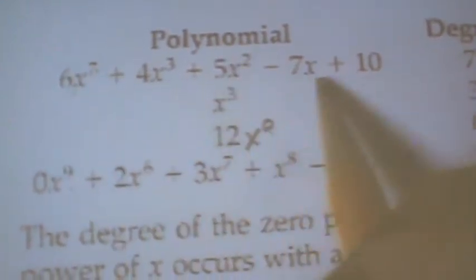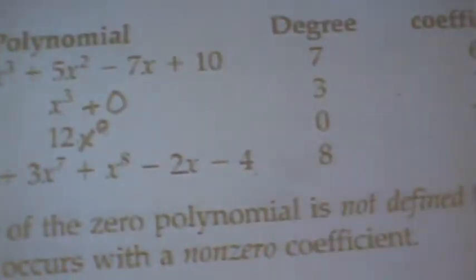That's the number in front of the term with the highest power, which gives you your degree. So if I asked you what's the leading coefficient, it's 6, 1. In this one, it's going to be 12, and then 1. The constant term is the term that does not have a variable. So in the first one, it's 10. This one is 0. 12 is your constant, and negative 4.